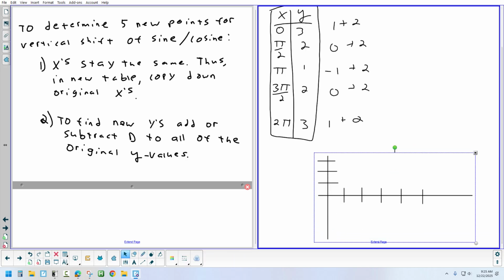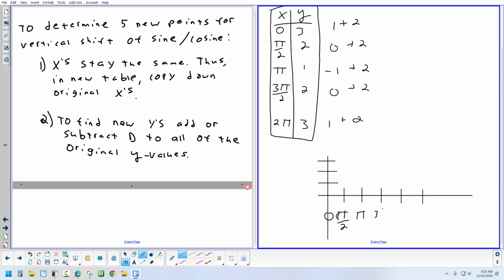We did the table. Let's do the sketch. This time, we don't have to change any of the x labels. So 0, pi over 2, pi, 3 pi over 2, 2 pi. I'm also not worried about putting my labels right up near the graph when I sketch, because I know my sketch is going to be out of the way.